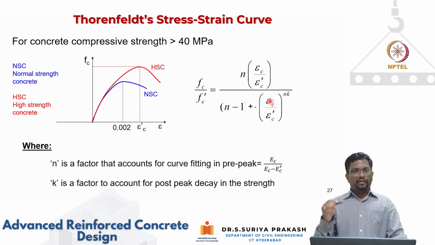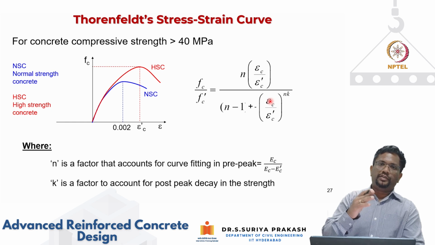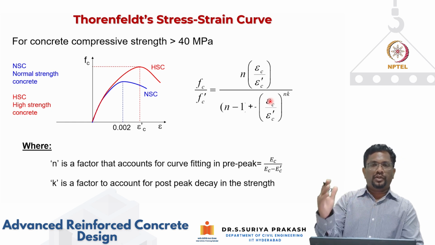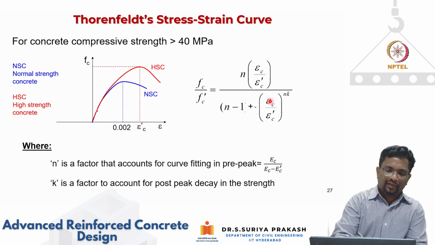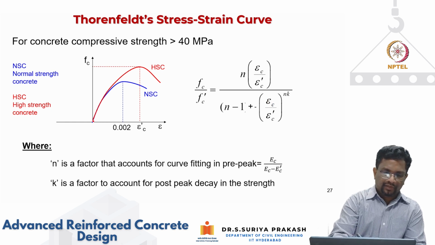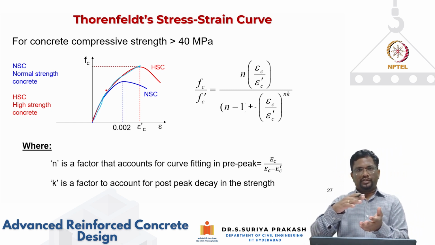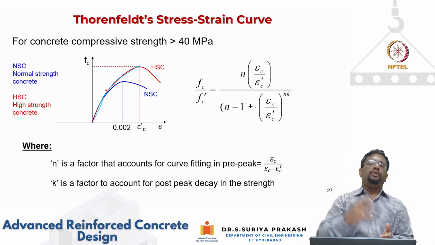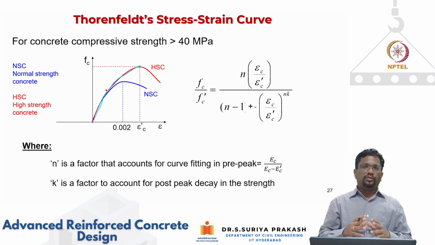N is a factor that is accounting for how the curve is changing from elastic to inelastic behavior. Okay, so for example, when you look at the red color behavior, initially it's all straight. However, after a certain point of time, it is going to change. Or in other words, up to 40% of your stress, usually we take the behavior assumed to be linear elastic, which is reasonably a good prediction.